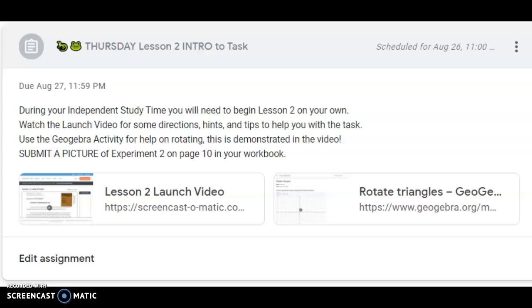And then you should have already submitted a picture of experiment 2, which is page 10 in your workbook, by adding that file to this assignment in Google Classroom. If you have done all of that, you are ready to watch this video, and I will help you summarize the rest of Lesson 2 and all of our properties of rotations.